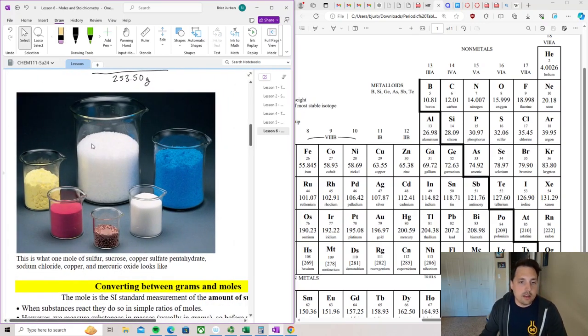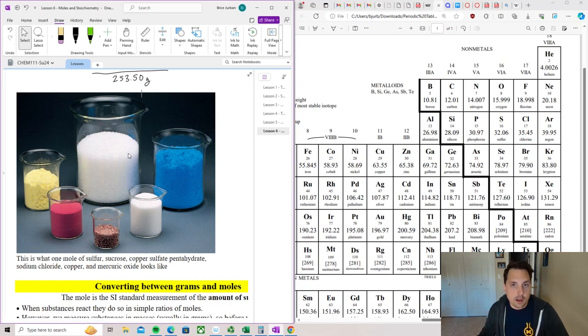When we look at a comparison of a lot of different compounds, this is how 1 mole of each of these compounds would look. On the far left, we have elemental sulfur. We have a jar of sucrose, and sucrose is a molecule composed of carbon, hydrogen, and oxygen.